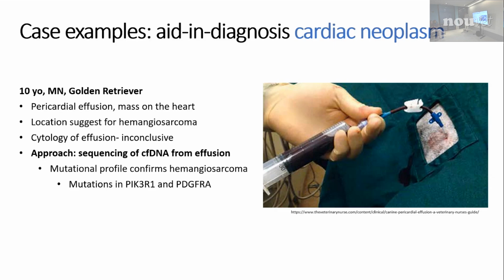Based on this, the dog had a high likelihood of having a hemangiosarcoma. From effusions, probably the easiest thing to differentiate right now, with the data that we have, is between hemangiosarcoma and not hemangiosarcoma. But we are trying to work on differentiating between different tumor types.